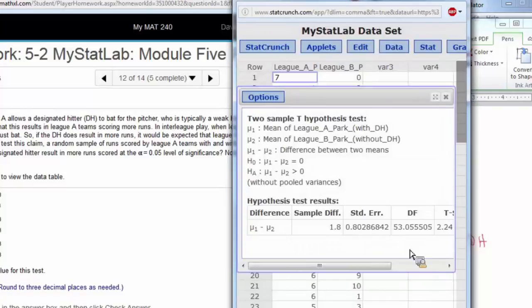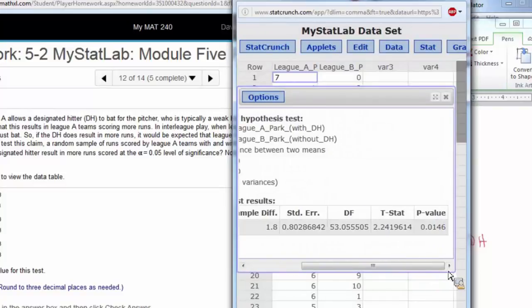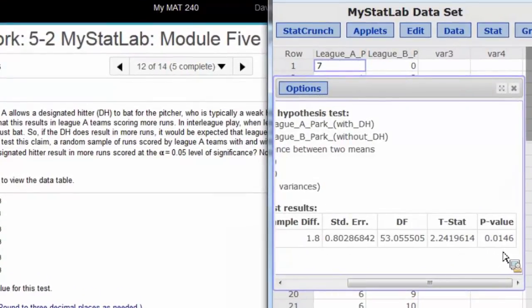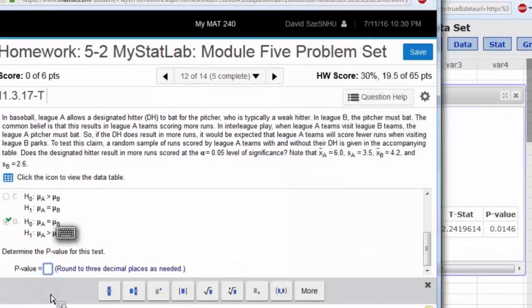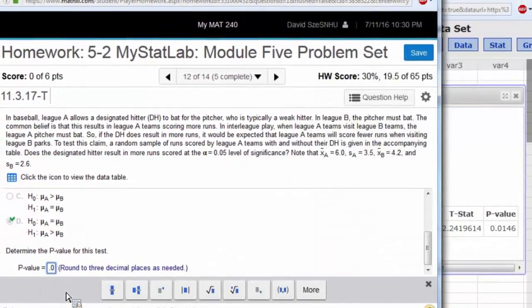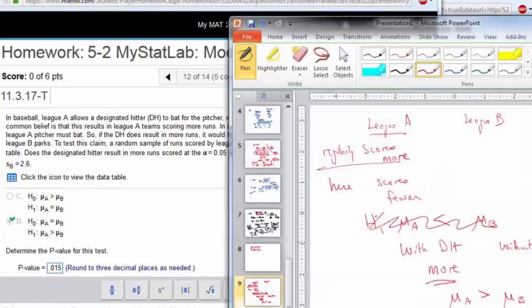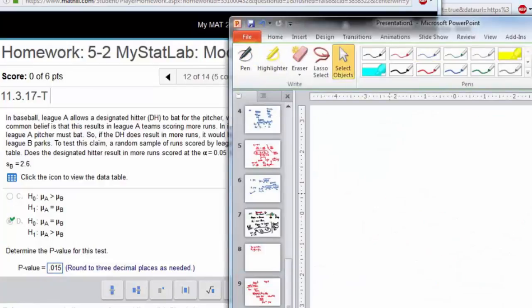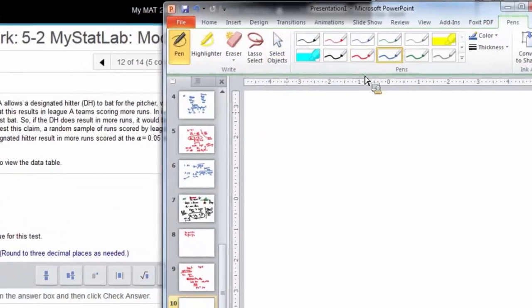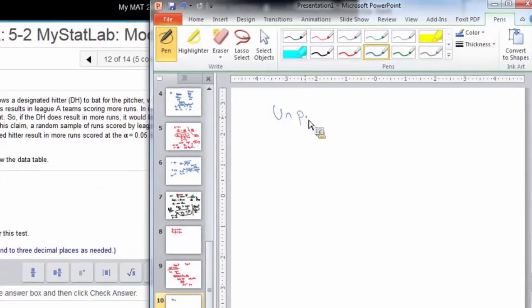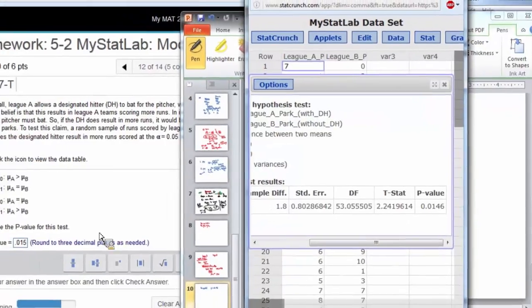Compute, and the p-value is 0.146, or rounded to 0.15.